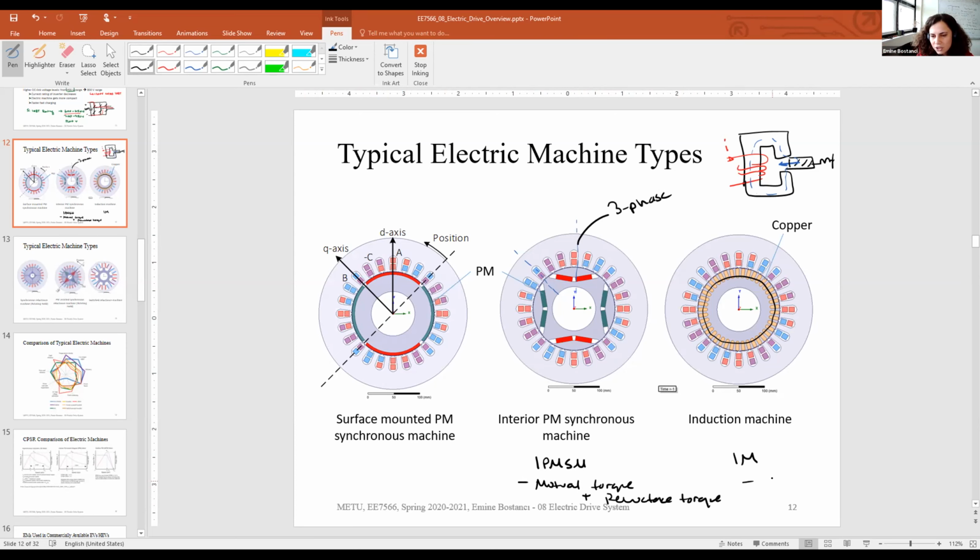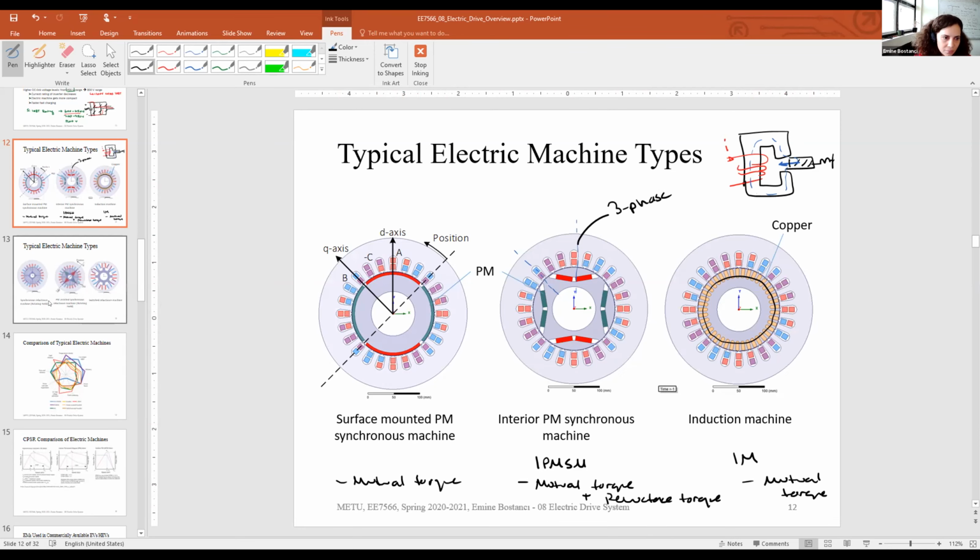And in this case, we are just going to have the mutual torque. And here we are going to have only mutual torque. Mutual torque is due to the interaction of the rotor field and the stator field. This reluctance torque is due to only the stator field. The rotor is just operating as a magnetic piece.